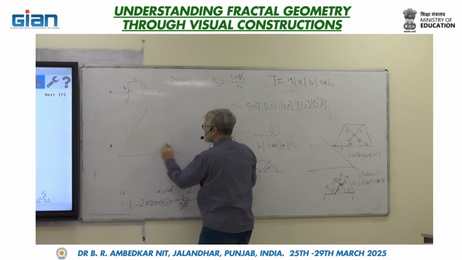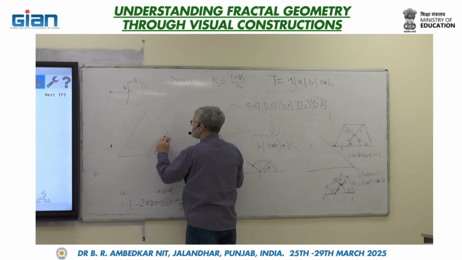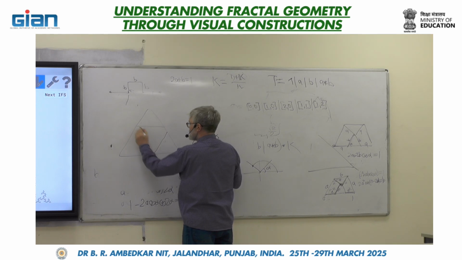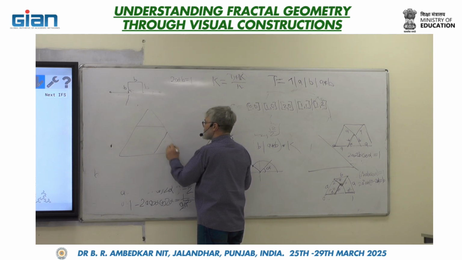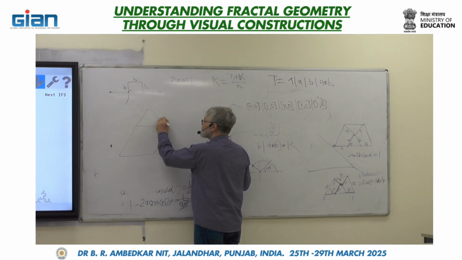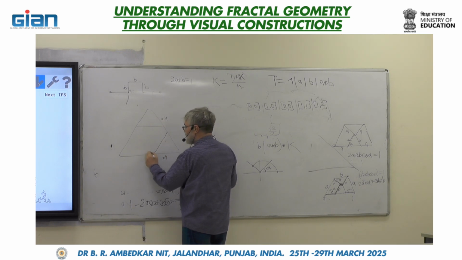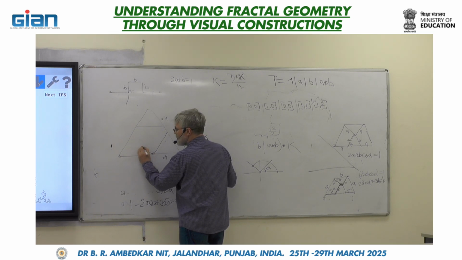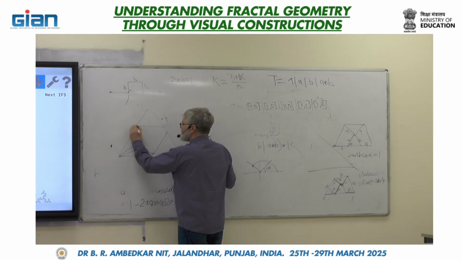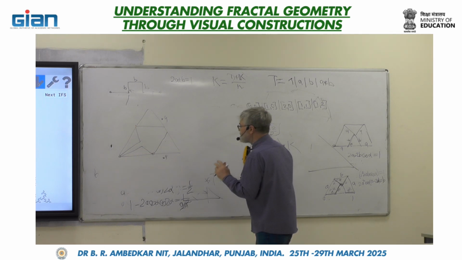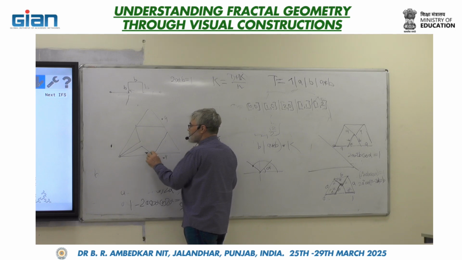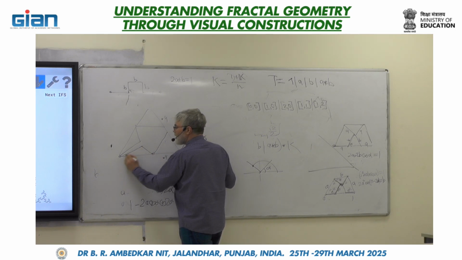I take an equilateral triangle and make two copies less than one half. So it will be some number, maybe 0.4. Then I have 0.6, and I add two affine mappings.